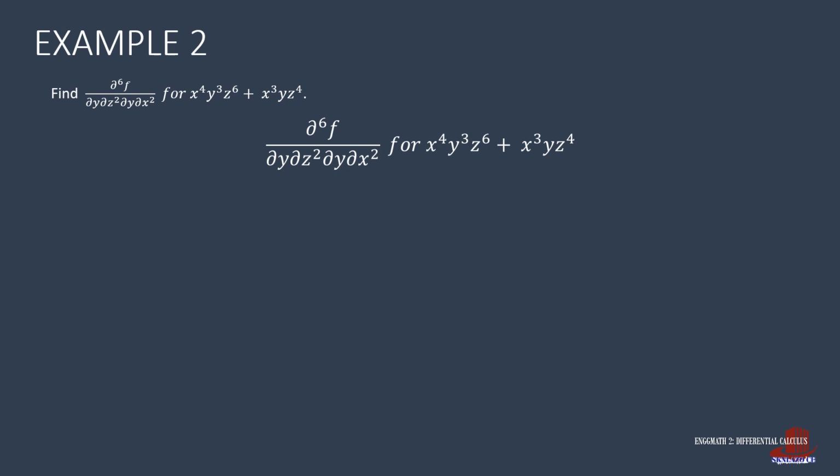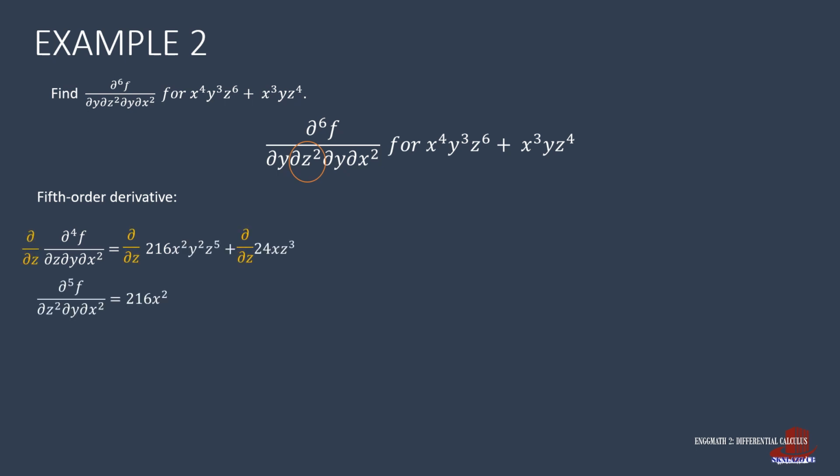A few more differentiations to go. Let's move to the fifth differentiation, still with respect to z. We start with 216x squared y squared with the derivative of z raised to 5 plus 24x times the derivative of z cubed.